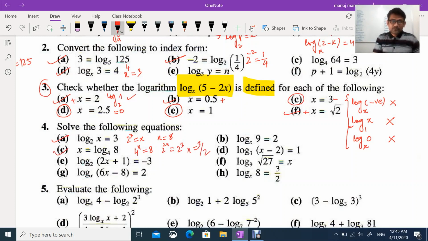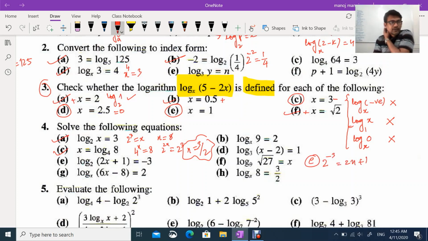My writing is very small, and in maths we have to write so many values, so please consider me. Log base 2 of (x plus 1) is minus 3. I should solve here. Part E, 2 power minus 3 is equal to 2x plus 1.